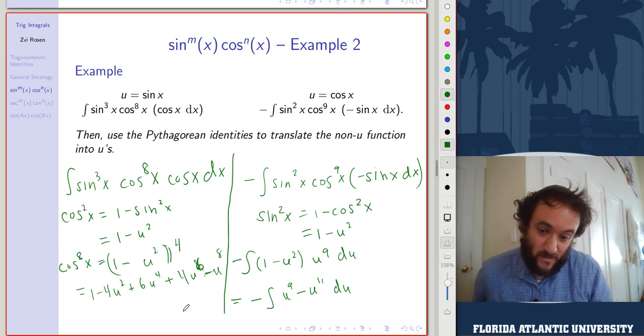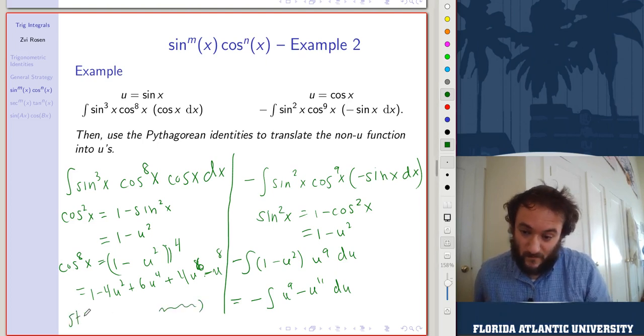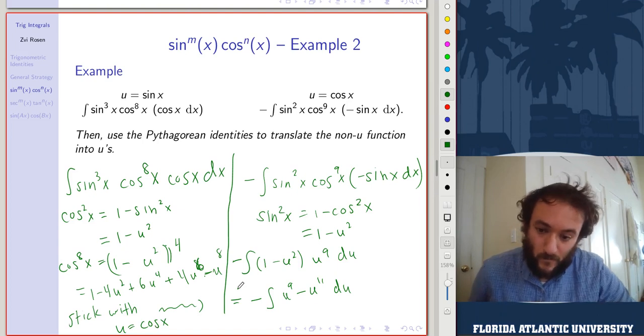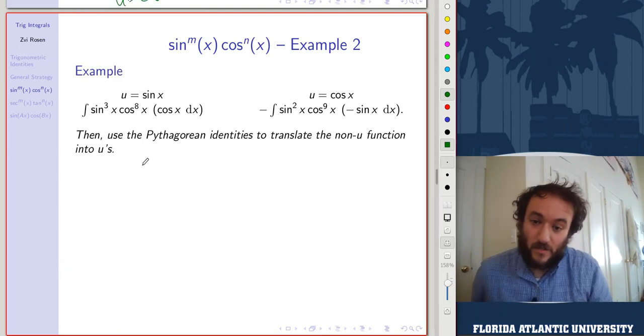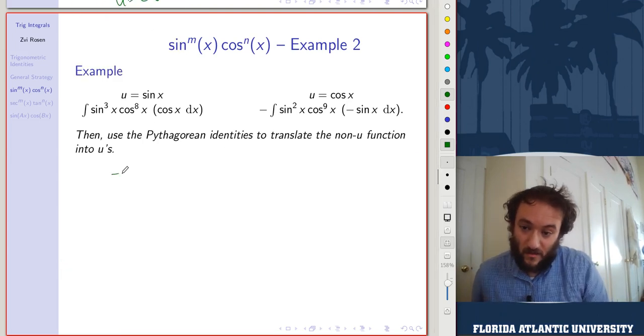So as we said, we'll stick with this one. Okay. So let's just finish up this integral. So we had minus the integral of u to the 9th minus u to the 11th du.